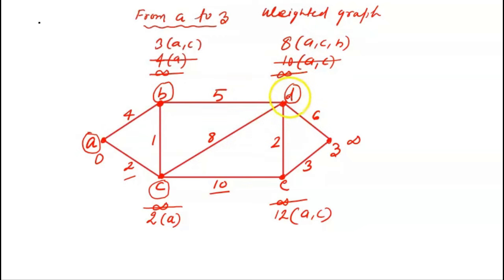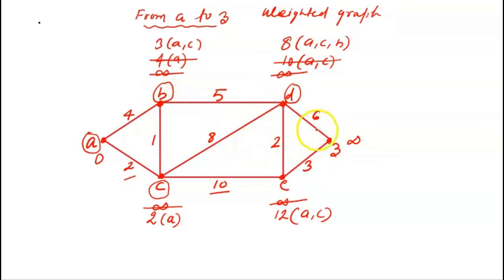Once I block the vertex D, I am going to assign different labels to the vertices adjacent to D. The vertices adjacent to D are E and Z. C and B are also adjacent to D, but they are already blocked, so I am not looking at them.